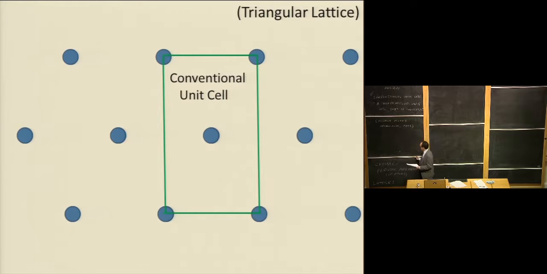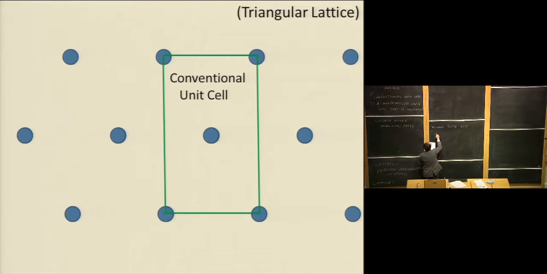Okay. Another definition. A Wigner-Seitz cell. Wigner was a very important physicist, if you haven't run into his name already. Seitz was, well, he was less important, but also important.